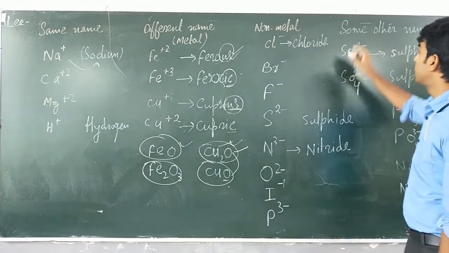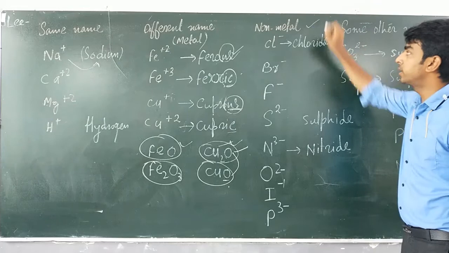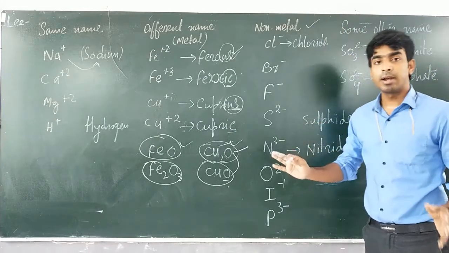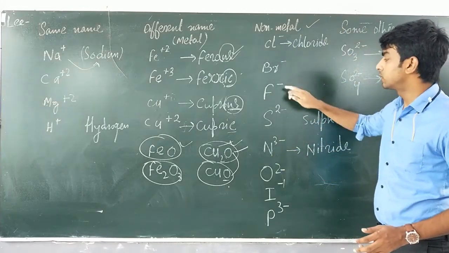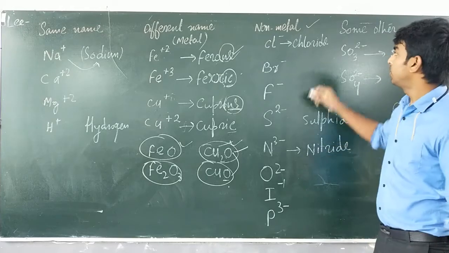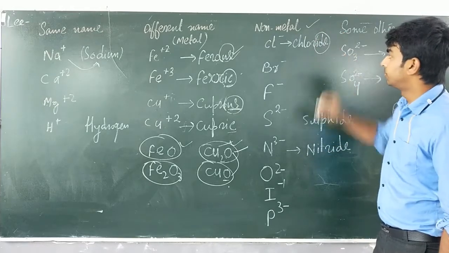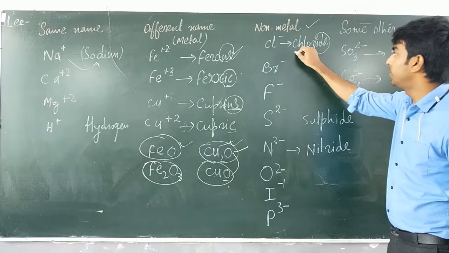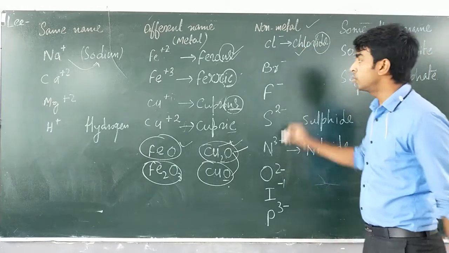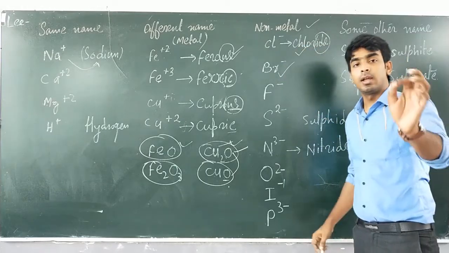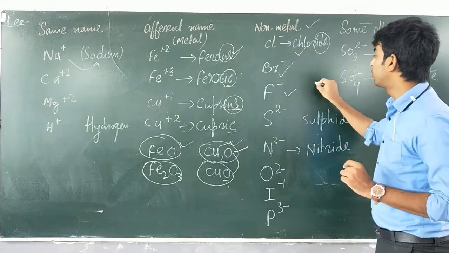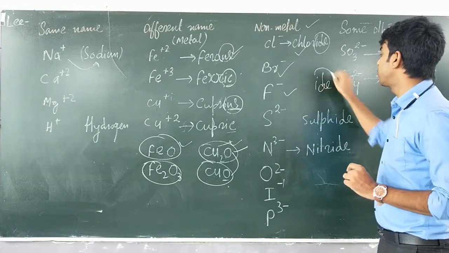Now move to some non-metal radicals. Non-metal radicals which have charges will always contain -ide with them. Chlorine we know, it will be chloride. Bromine, it will be bromide. Fluorine, it will be fluoride, meaning we are using -ide all the time.